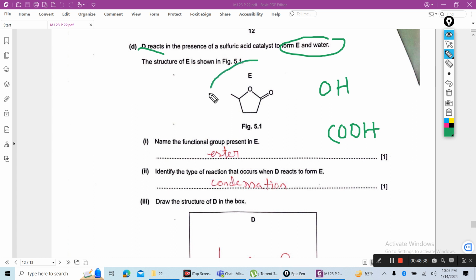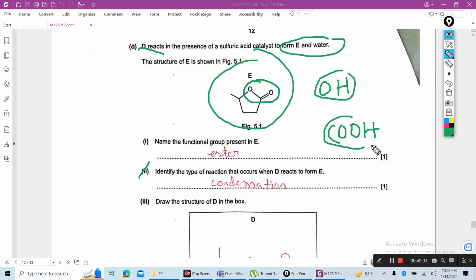So E is an ester functional group. Now number 2, identify the type of reaction that occurs when D reacts. It is a condensation reaction. Two different types of functional group reacting is a condensation reaction.